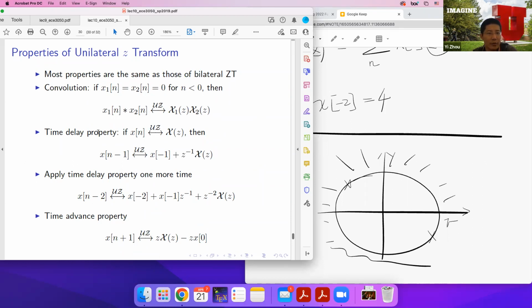And in addition to this single time delay property, we have the time delay by 2. This is an additional property. So if your signal is delayed by 2, then you apply the time delay property one more time, and you have x[n-2], where the corresponding unilateral transform depends on these two initial conditions.